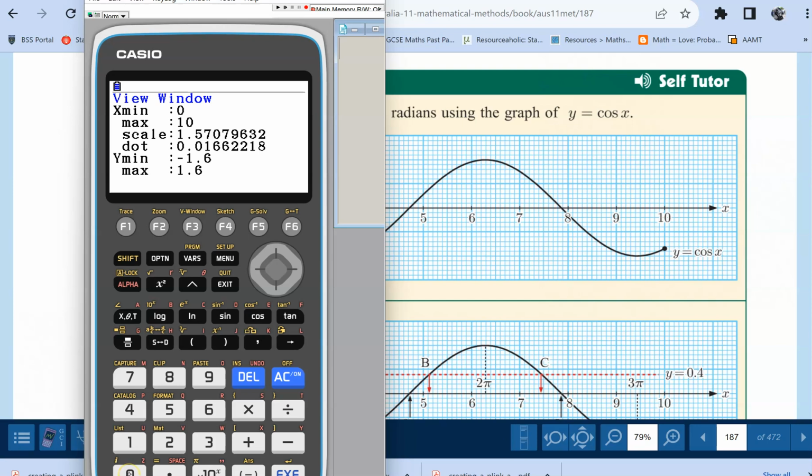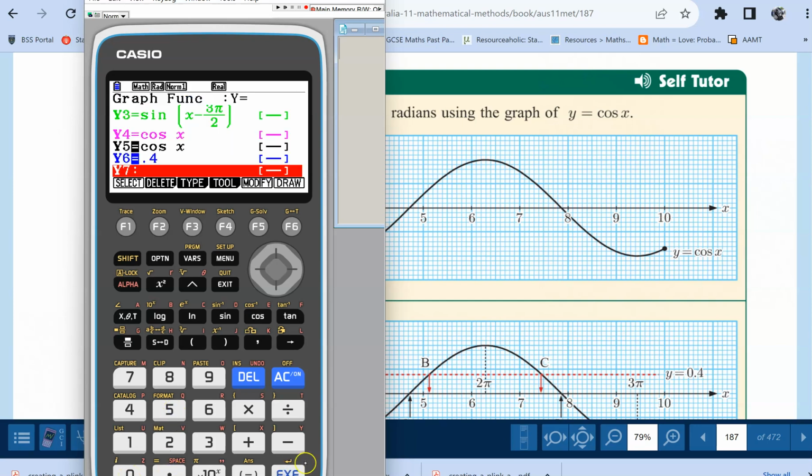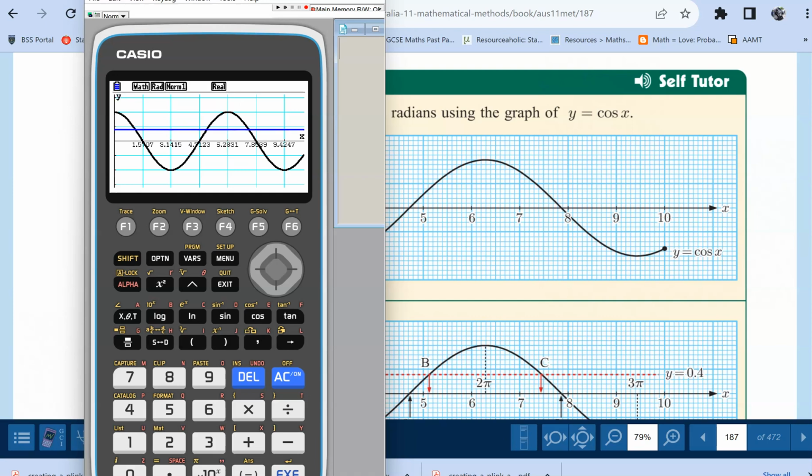Now, I give myself a little buffer, so I'm going to go 10.5. There we have it. And we can go G-solve. What do I press? Intersection, right above F5 again. G-solve, intersection. We get our first answer. We get our second answer. We get our third answer.